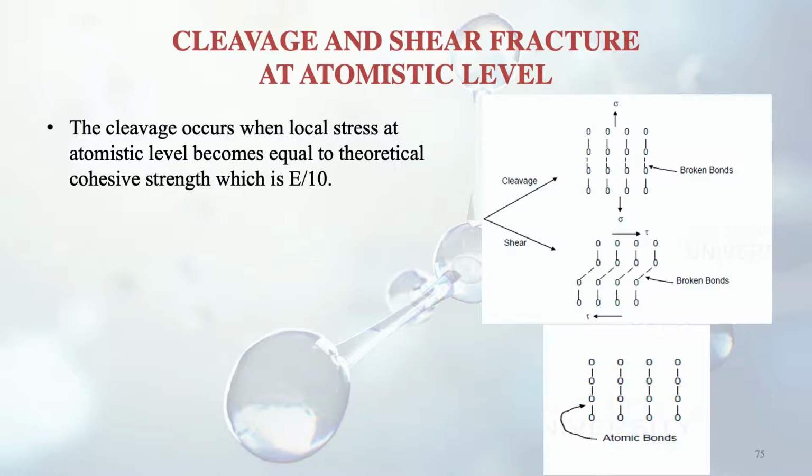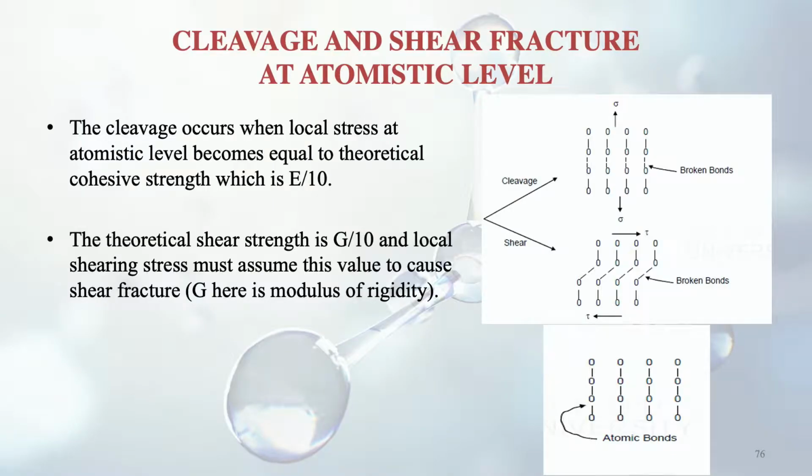So the cleavage occurs when local stress at atomistic level becomes equal to the theoretical cohesive strength, which is E by 10. So the cohesive strength is around E by 10, and if this local stress reaches this value, then cleavage fracture starts taking place. The theoretical shear strength is actually G by 10. Here G is coming because we are talking about the shear modulus now, not the Young's modulus.